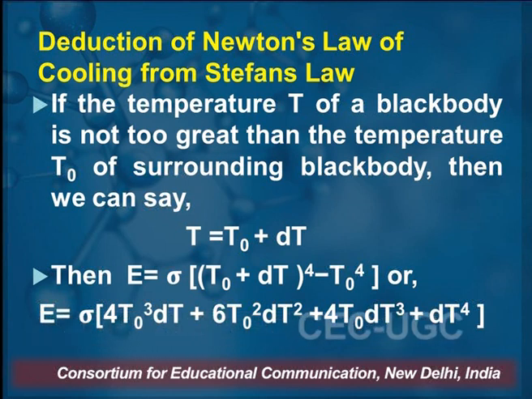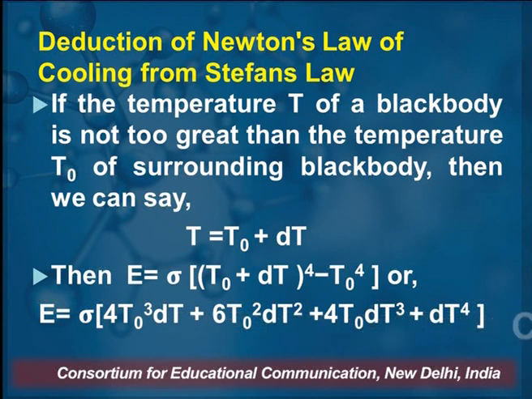So I have E is equal to sigma [4 T0^3 dt + 6 T0^2 dt^2 + 4 T0 dt^3 + dt^4]. Thus, the amount of energy E lost per second per unit area of the former is E = sigma (T^4 - T0^4).